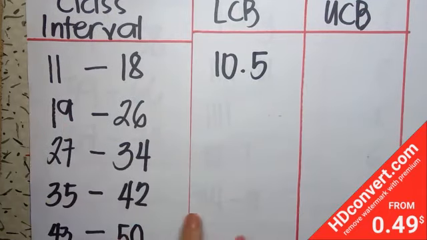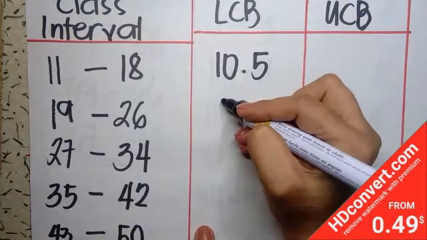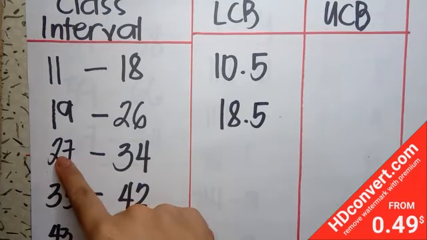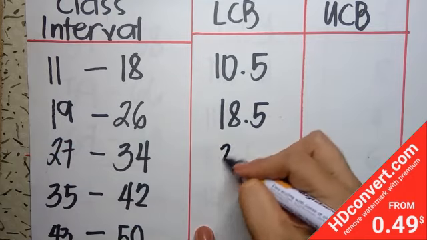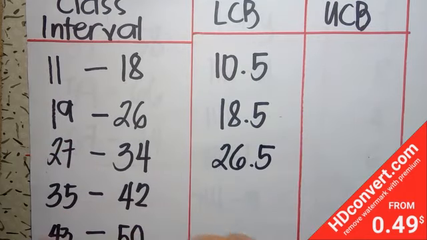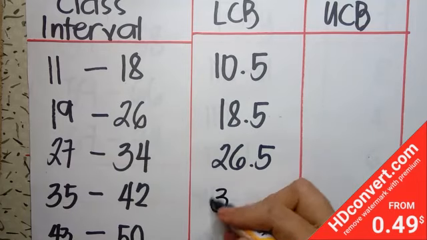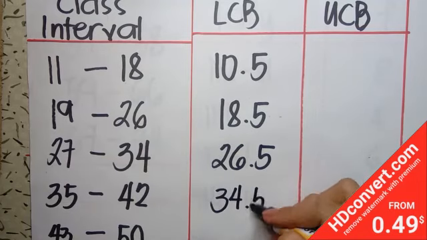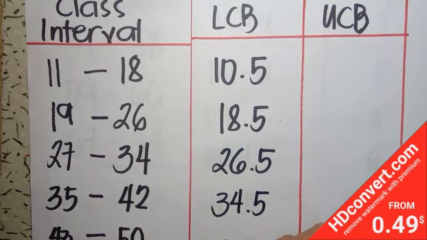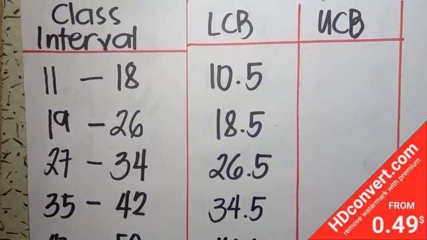19 minus 0.5, 18.5. 27 minus 0.5, 26.5. 35 minus 0.5, 34.5. 43 minus 0.5, 42.5.